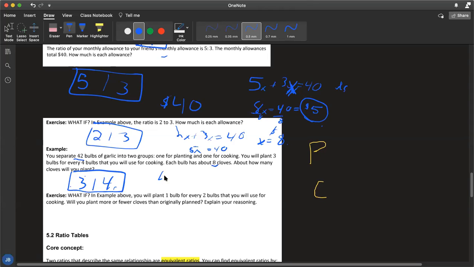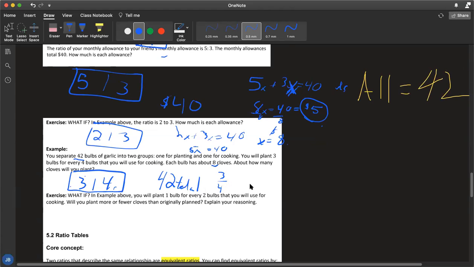So there's 42 total. And there's a 3 to 4 ratio. And so if we have a 3 to 4 ratio, we can find out how many we plant and how many we cook with, right? Okay, so if we have a 3 to 4 ratio and we need a total of 42.